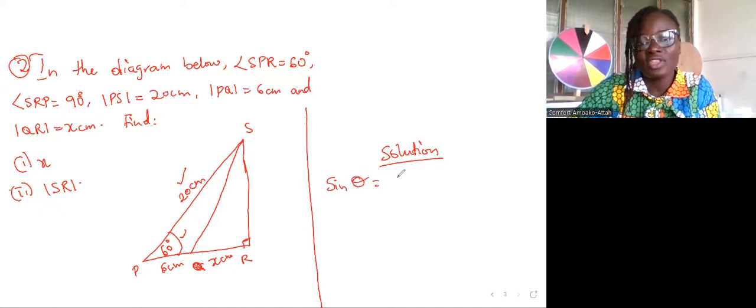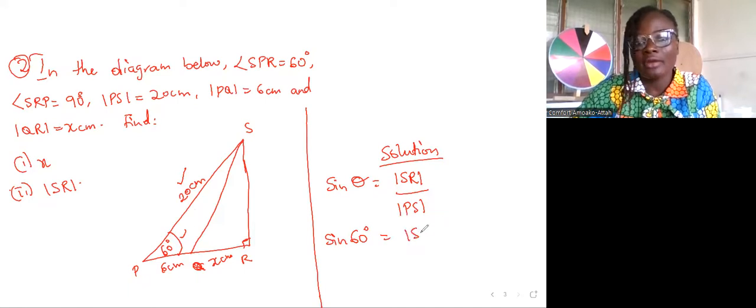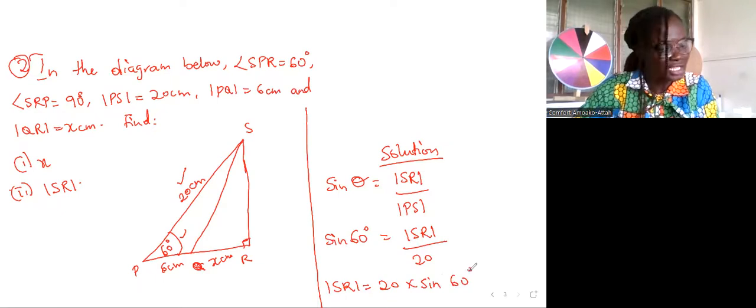Sine theta is equal to line SR over line PS. The theta was given as 60 degrees, equal to SR, which is what we are looking for, over 20. So you just have to cross multiply and you're going to get your line SR as 20 times sine 60 degrees.